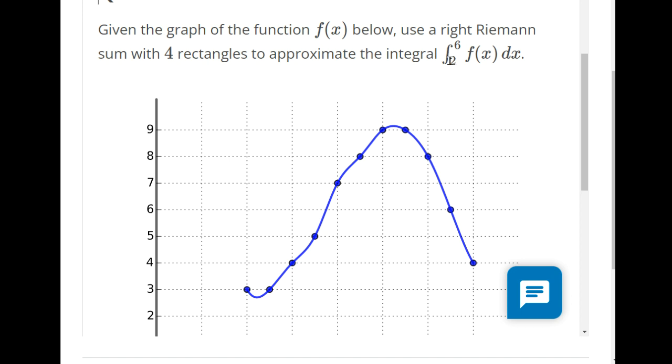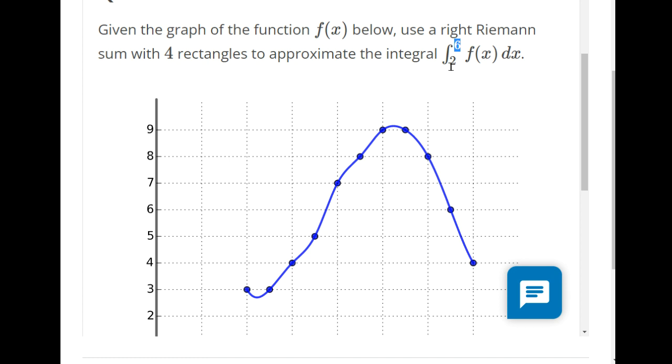6 minus 2 is 4. Divided by 4 is 1. Delta x here is 1. It's a right Riemann sum, so I'm going to be ending with f of 6. If you'd like, you could say f of 6 plus f of 5 plus f of 4 plus f of 3.